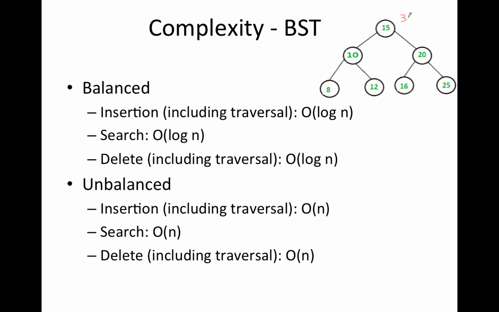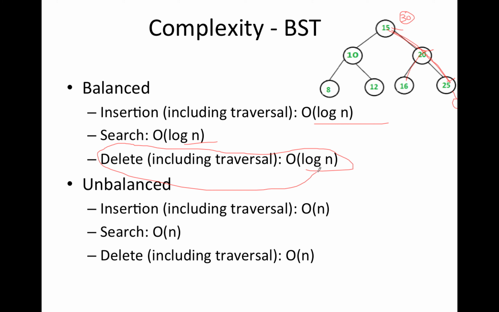Like if I say I want to insert 30, you just look for the right space to insert 30, stopping once for each level, and there are log n levels in a balanced tree, so the complexity is log n. Likewise for search, if you want to look up 25 or 16, you just look at one node at each level, so it's log n. And similarly, delete is log n too.